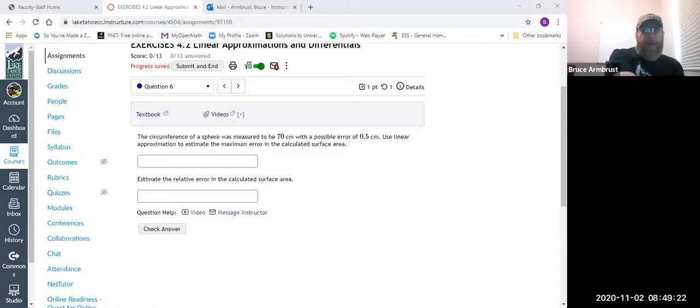And then it says estimate the relative error. So we want to find both the error and the relative error with this plus or minus 0.5 centimeters. All right, well, there's all the information. So we got that.